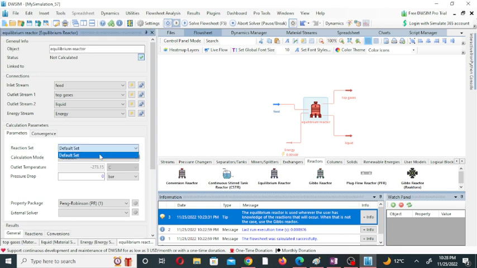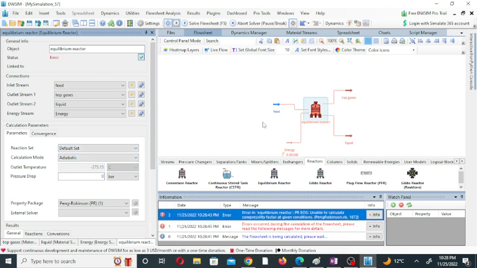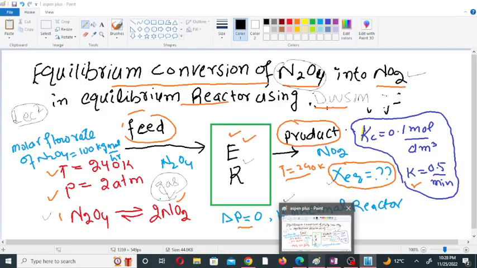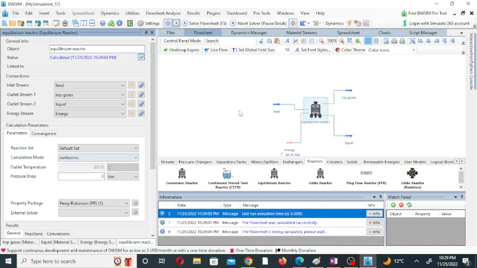Go to the reaction, and this is the default, and in the reaction set go to the parameter and click on the default, and this is the isothermal reactor. In the isothermal condition, the feed and product temperature are constant. So in this menu I will go to isothermal. Now this is okay.